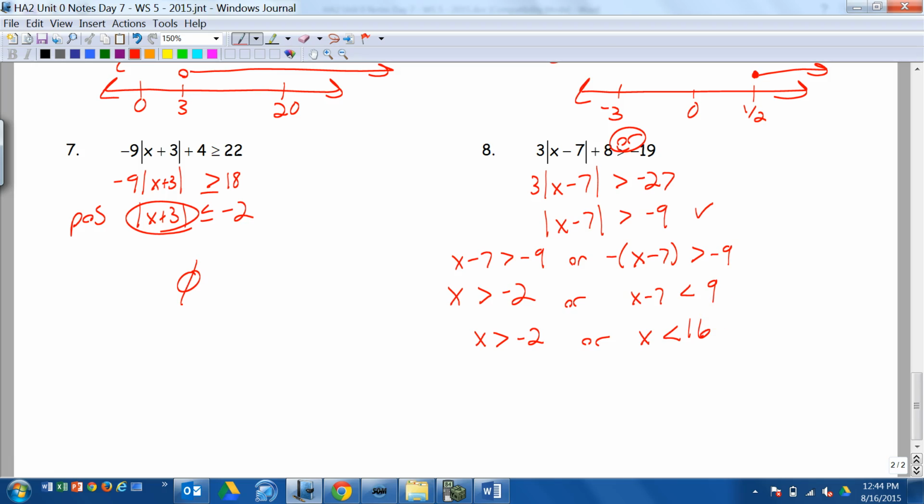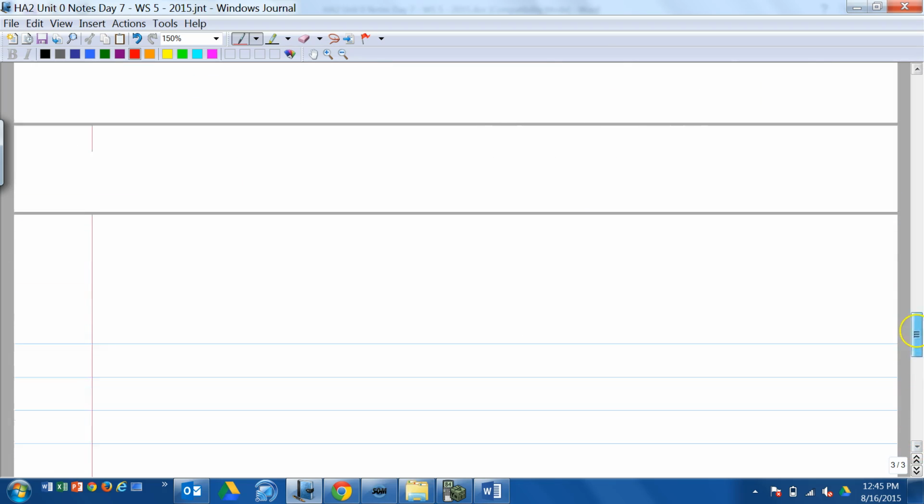Okay. So x has to be greater than negative 2 or less than 16. So when x is like negative 1, well, let's see what happens actually, because honestly, we did all this work and look what will happen actually.